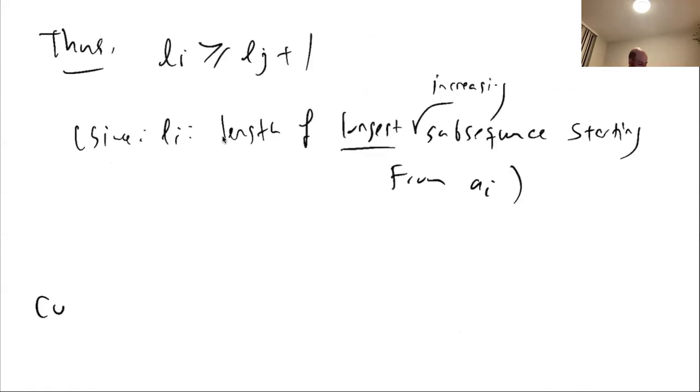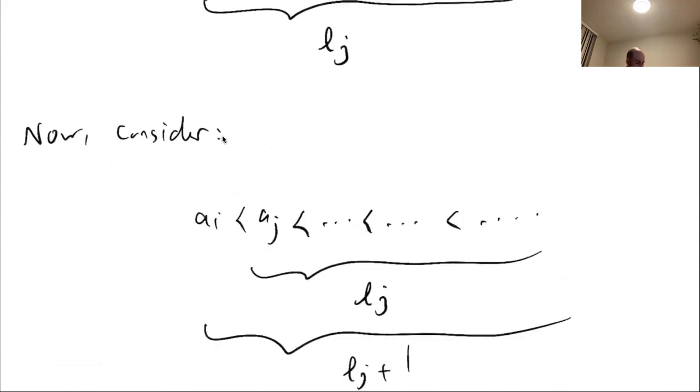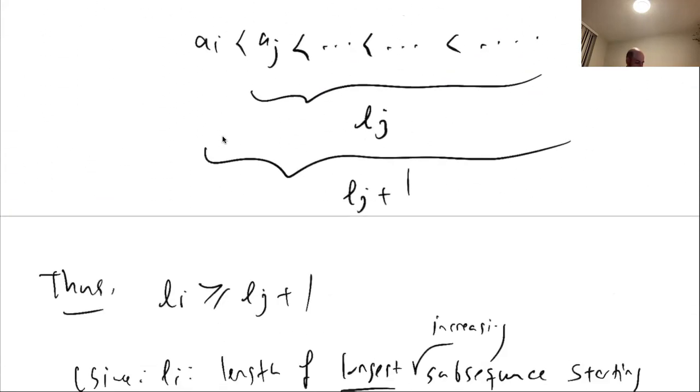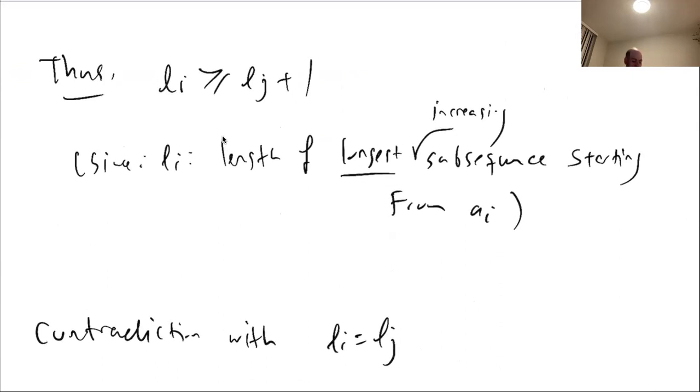And this is a contradiction with Li equals Lj. Remember, we were supposed to have Li equals Lj here. So if Li is equal to Lj, how come Li is bigger than or equal to Lj plus 1? If two numbers are equal, of course, one number cannot be bigger than or equal to the other number plus 1, right?